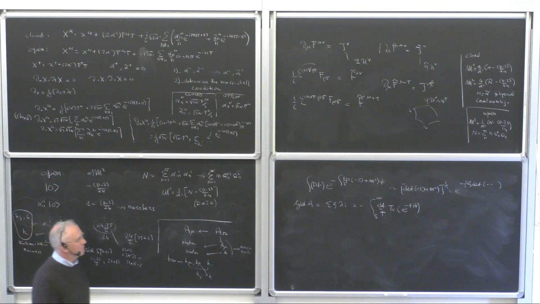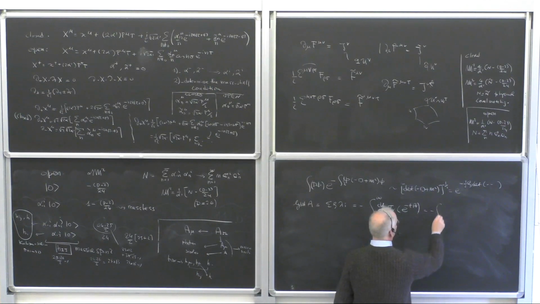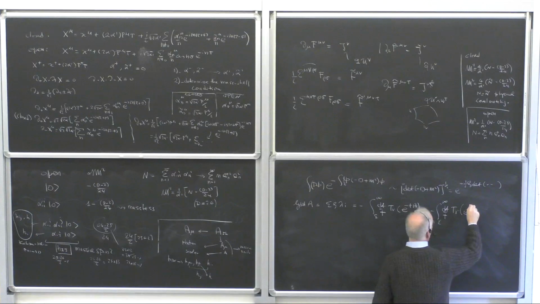We can do a little bit more because this expression is minus the integral from epsilon to infinity dt over t, and the operator at stake is relatively simple. It's t box minus t m squared.